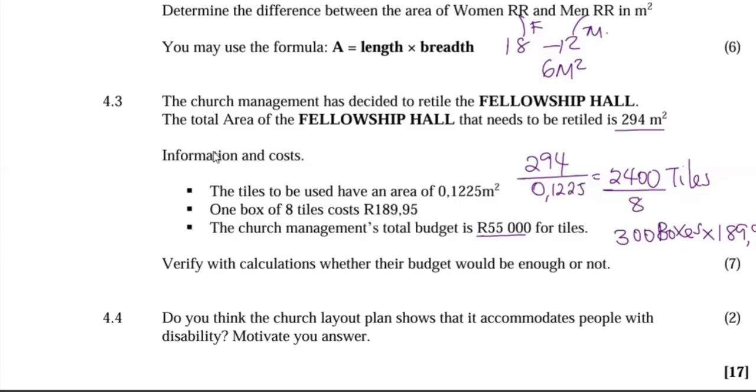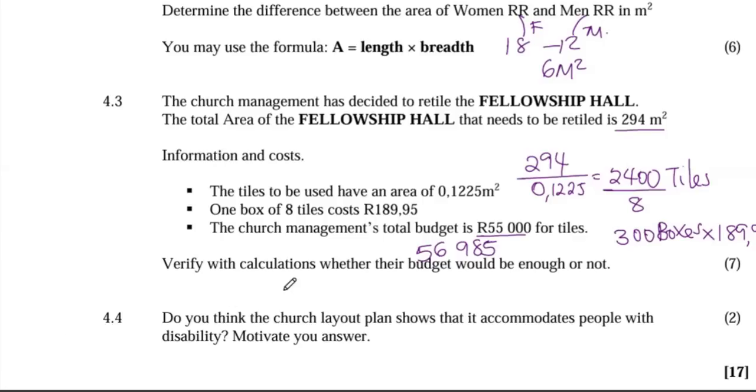So we find out that money there. So the claim is invalid. The claim is invalid because the money is more than the budget.